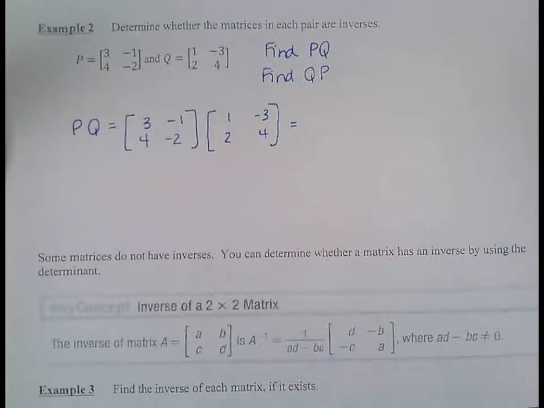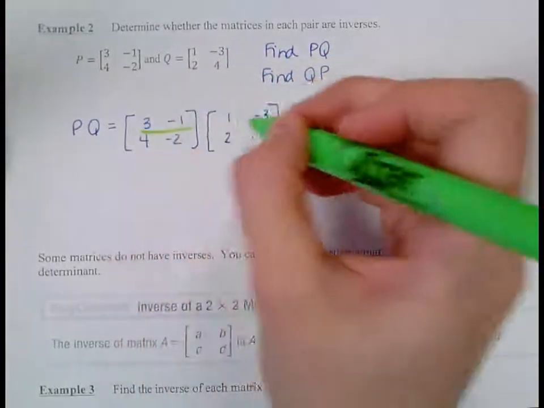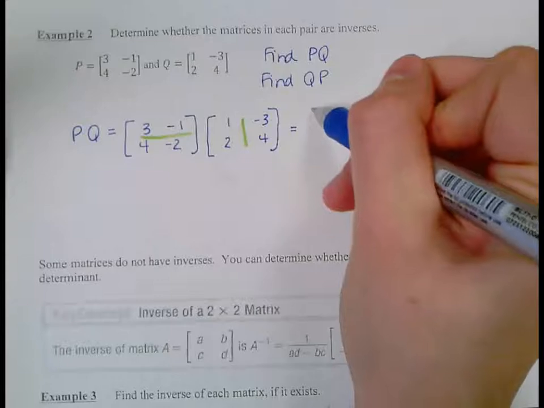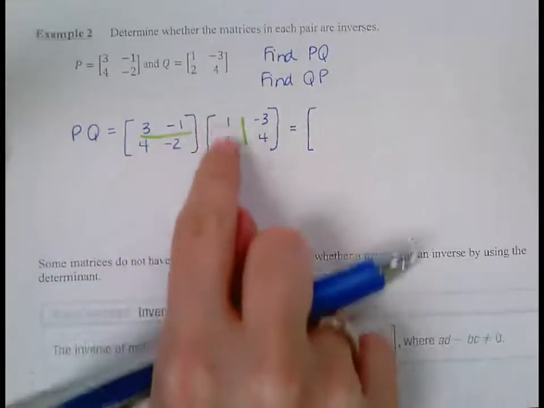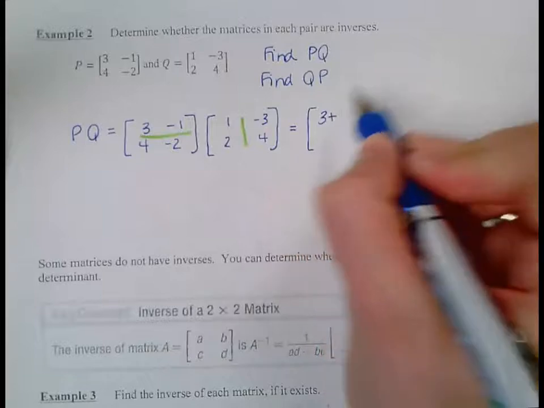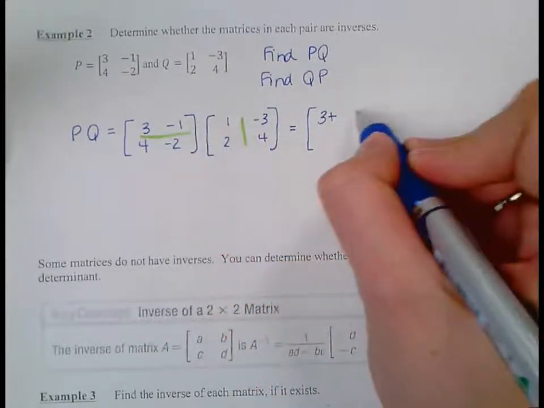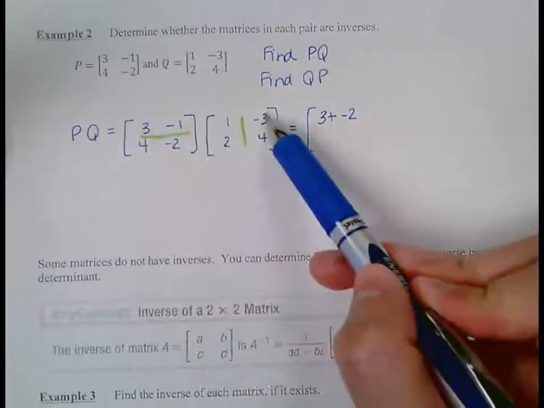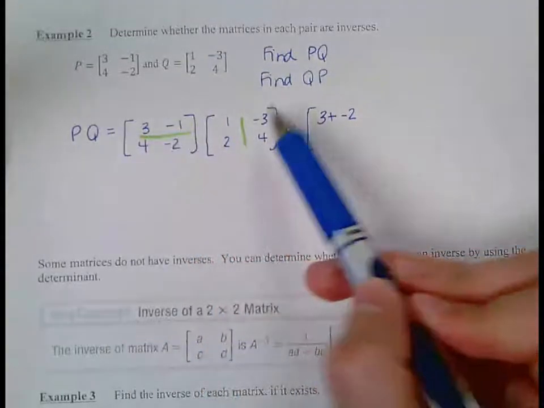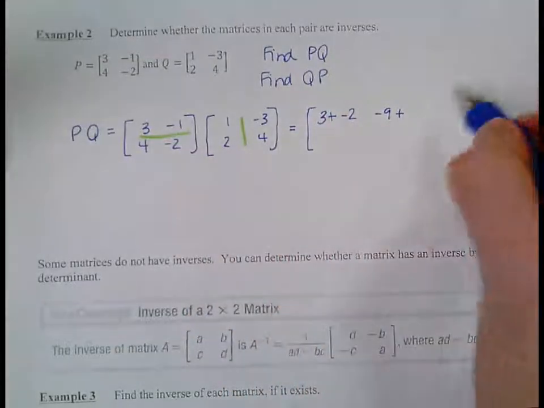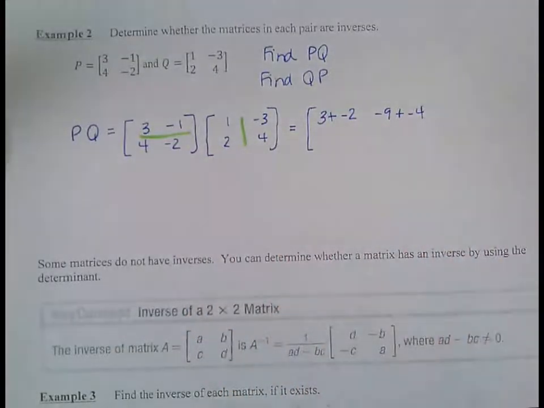So if I go ahead and multiply PQ, rows by columns, first row by first column, so 3 times 1 is 3, plus negative 1 times 2 is negative 2. First row by second column, 3 times negative 3 is negative 9, plus negative 1 times 4 is negative 4.